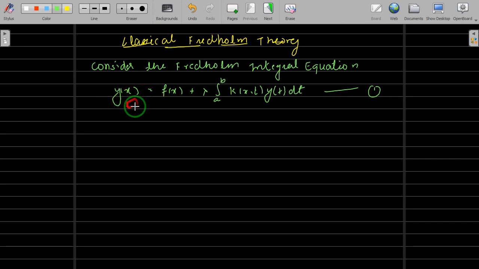Now for this integral equation 1, we have seen there is a power series, that is the Neumann series, and we have discussed the convergence of the Neumann series.